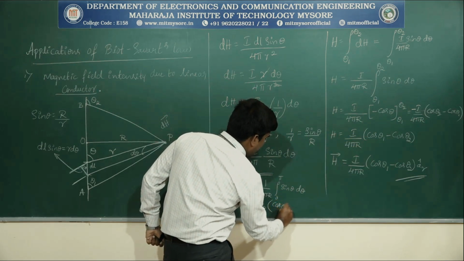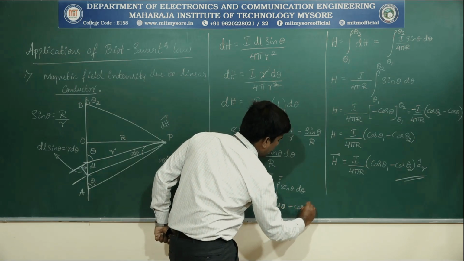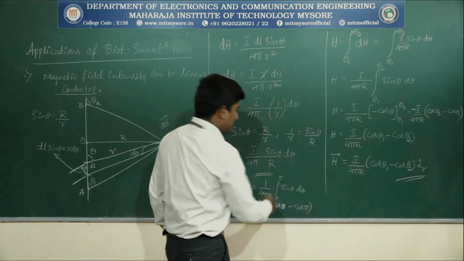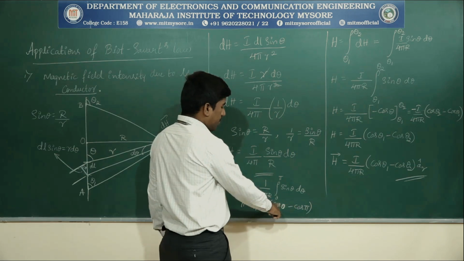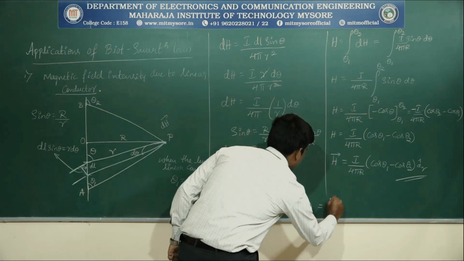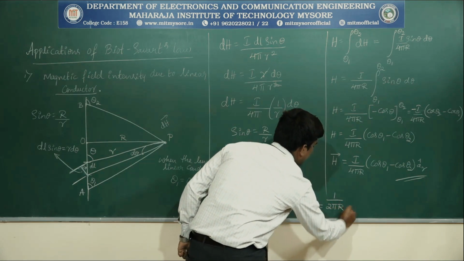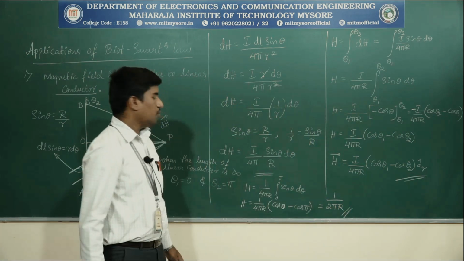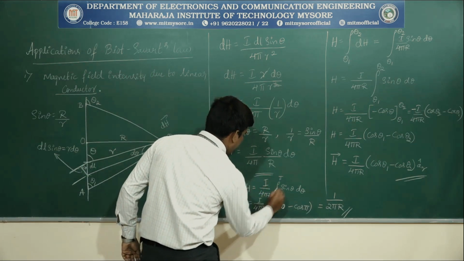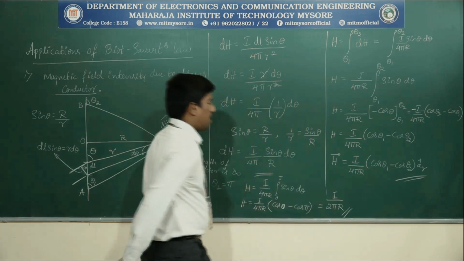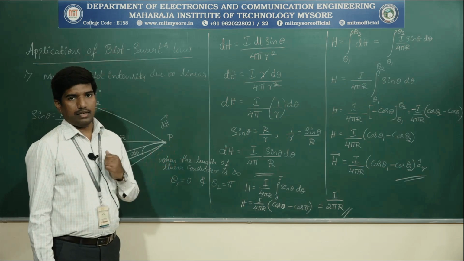Cos 0 minus cos theta 2, cos pi. Cos 0 value is 1. Cos pi value is minus 1. So this value becomes I divided by 2 pi r. H is equal to I divided by 2 pi r for infinitely long linear conductor case.